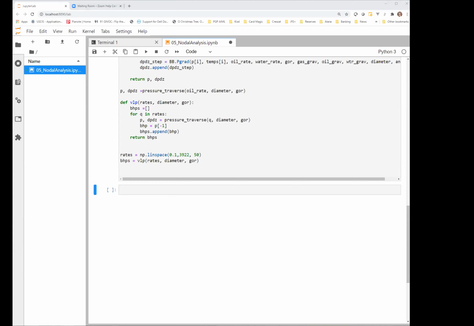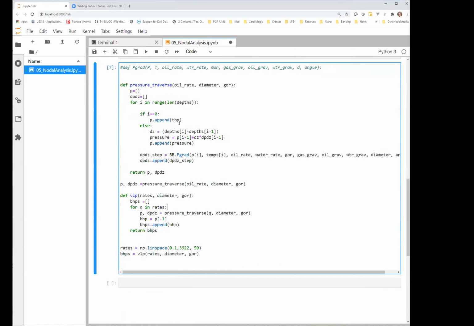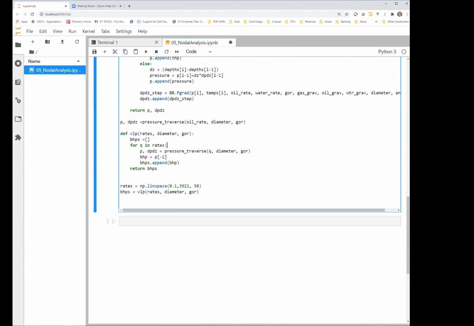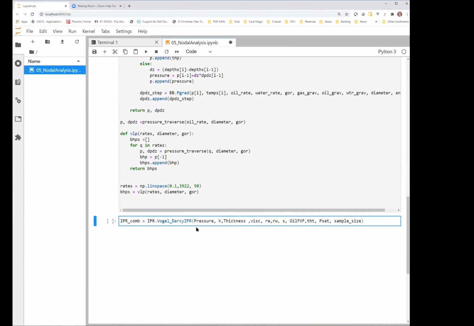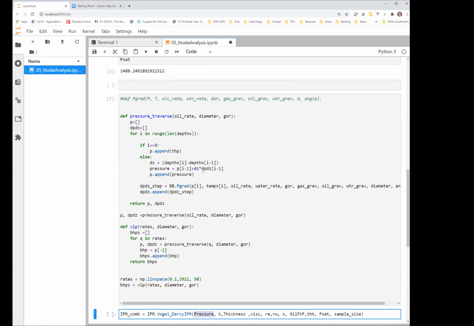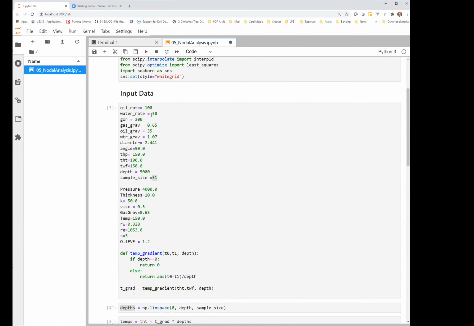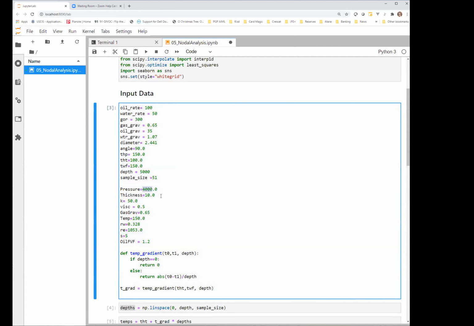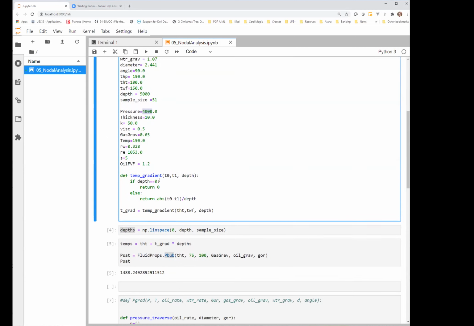And you remember last time we calculated the IPR as well. For the IPR, we use the Vogel equation with the Darcy. In this case, the input pressure is 4,000 psi, so that's my reservoir pressure.